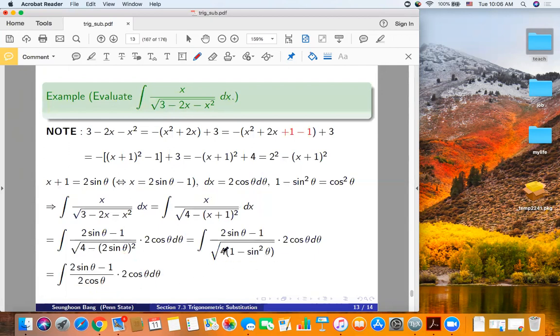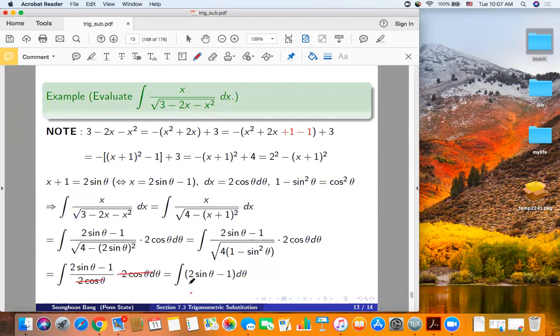Next, simplify. So we have the integral of 2 sine theta minus 1.